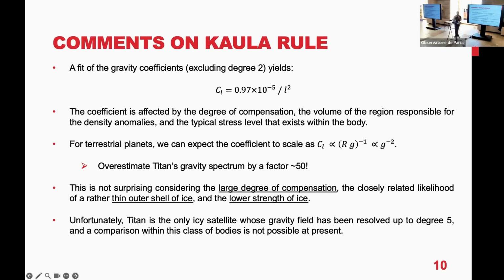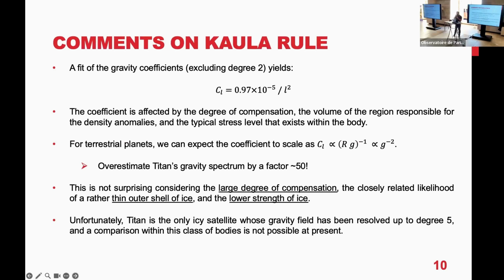But if we were to apply the same rescaling to Titan, we would overestimate the field by a factor of 50. However, this is not surprising since on Titan we have a large degree of compensation, and also the strength of ice is smaller than the one that we might have on a rocky planet.